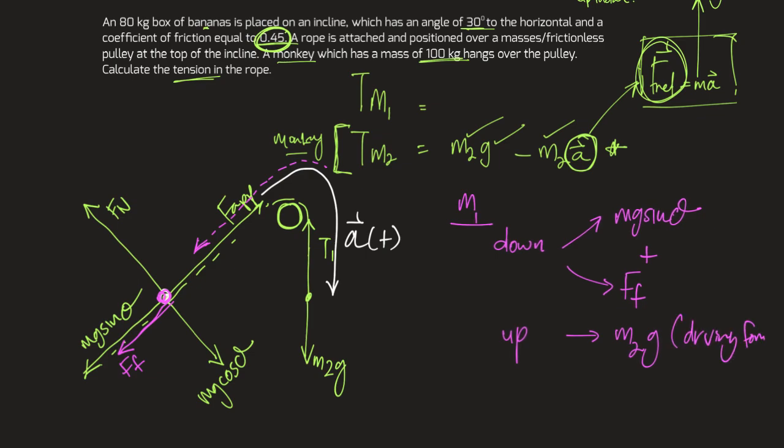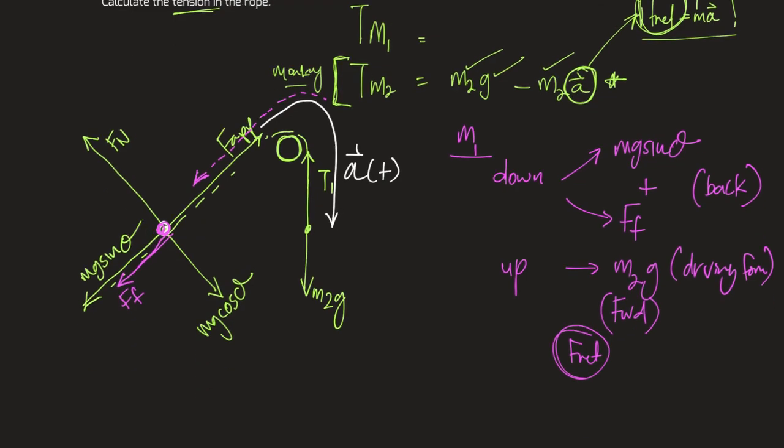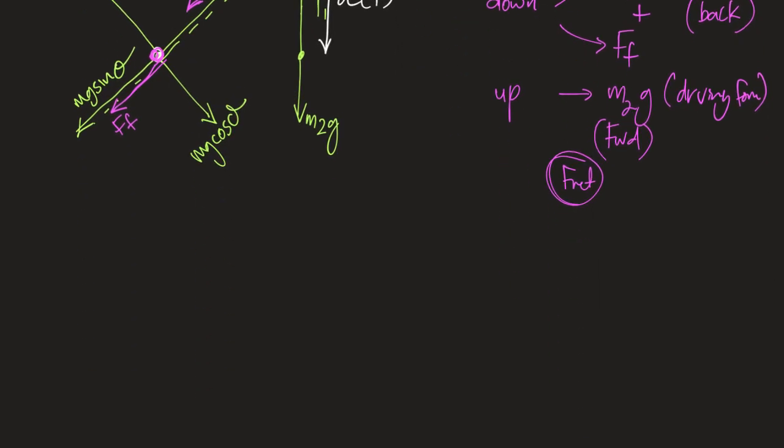So I've got a forward force here for my system, and I've got 2 backward forces. All right, so now I need to sort out F net. So I'm going to do it all at once, and I need my acceleration. I don't have either one of those values. So I'm going to say F net is equal to ma.